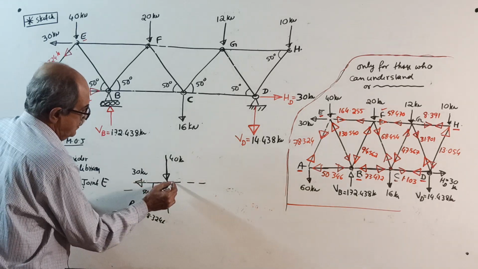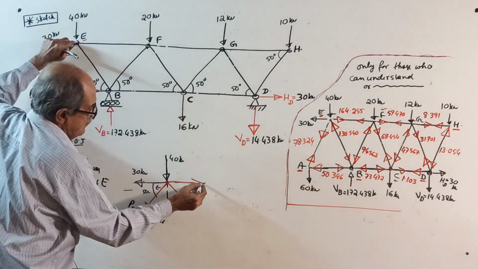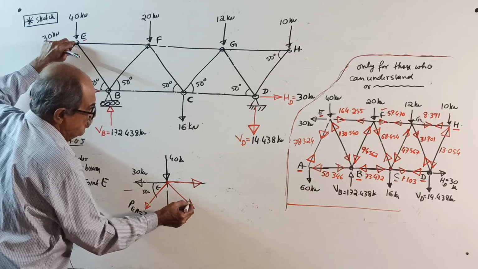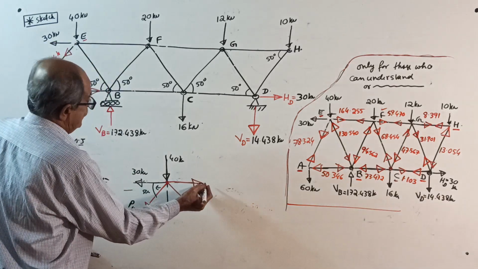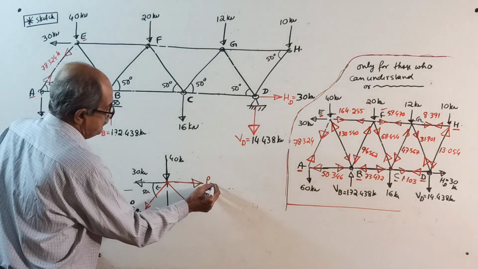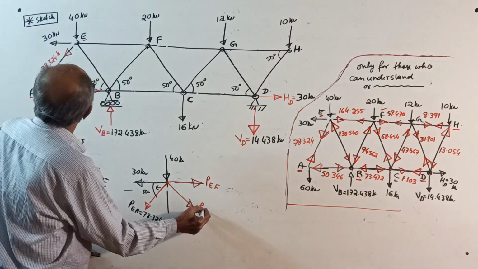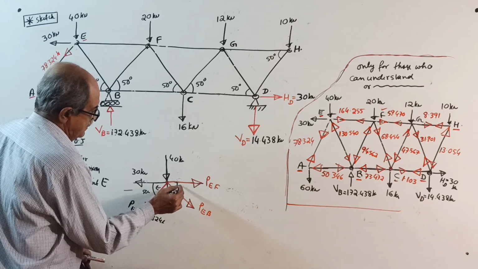One unknown this way, one unknown this way. I will take everywhere going away from the joint only, so that there is no confusion. PEF and PEB. This angle is 50 degrees.